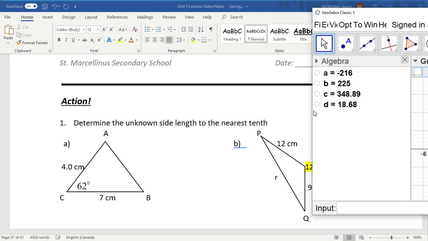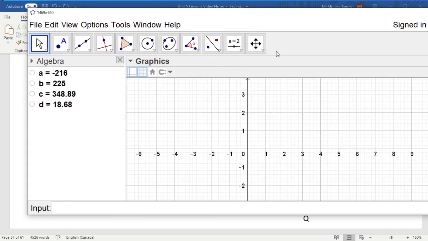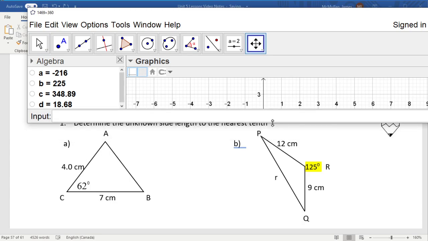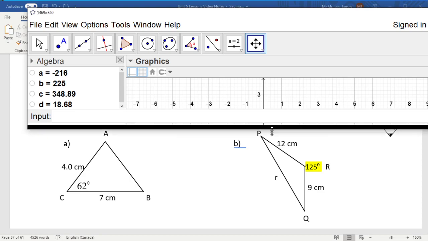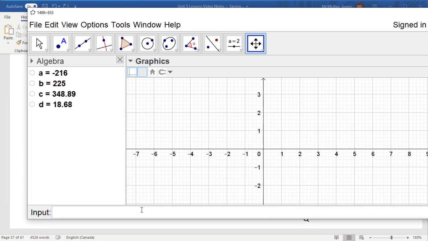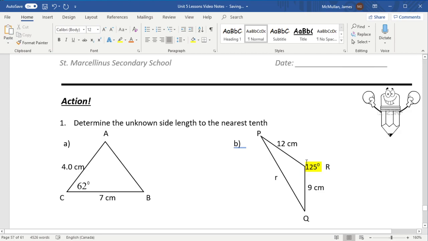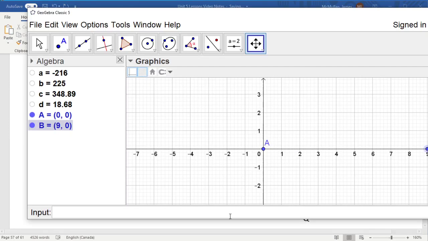Again, let's take a minute to draw this so you can see how you could check your work on a question like this one. So we want a side that is 9 centimeters. Let's start with a point 0, 0. Then we want a point 9 centimeters away. Then we want to rotate that point 125 degrees. So rotate B 125 degrees.